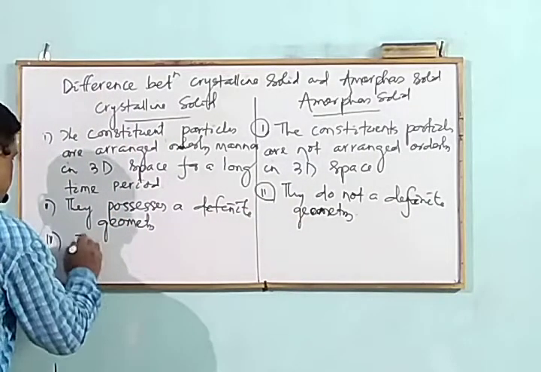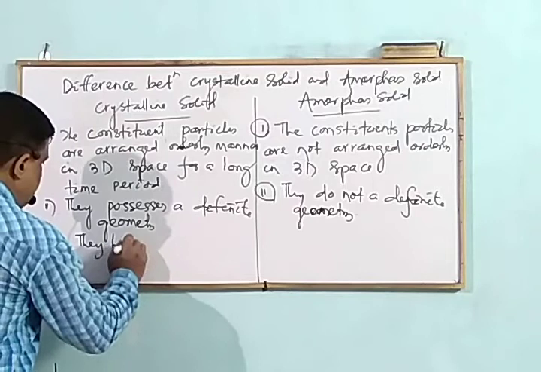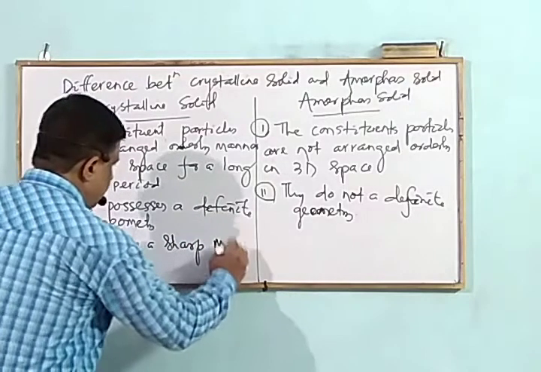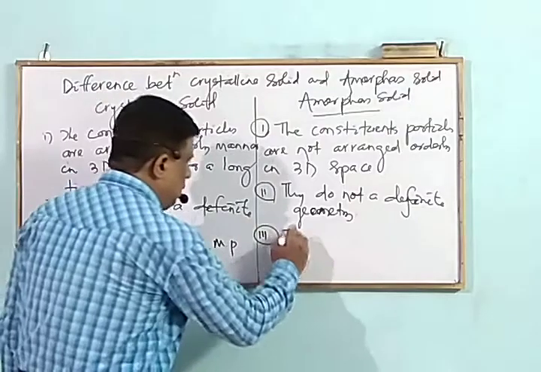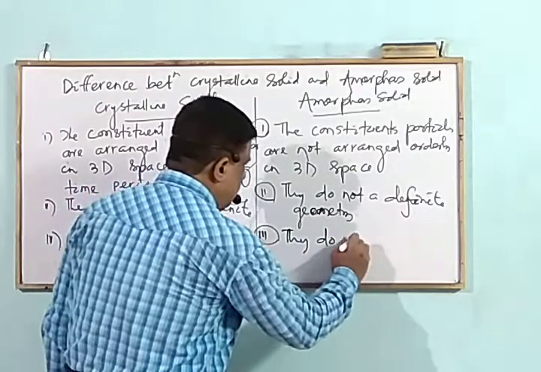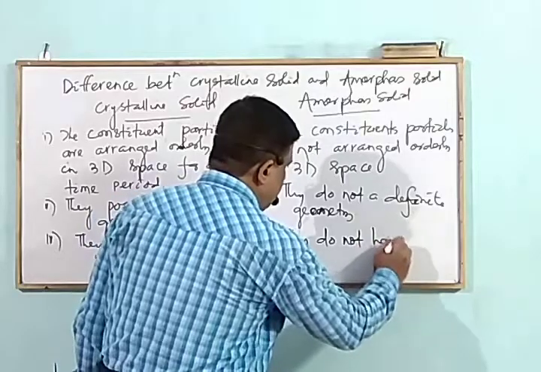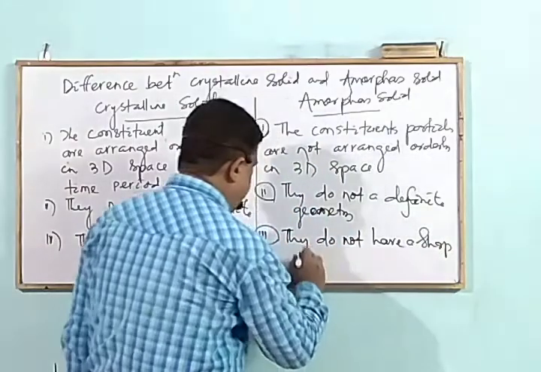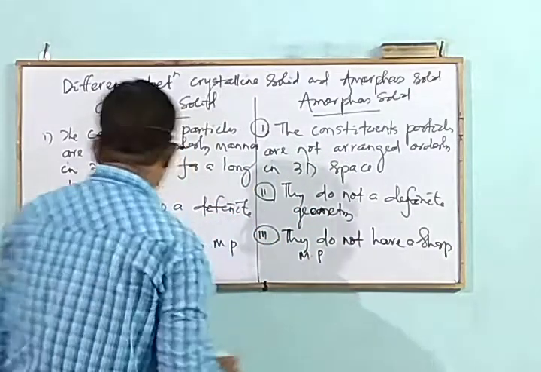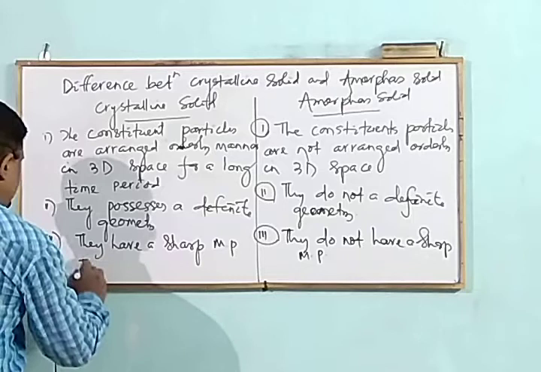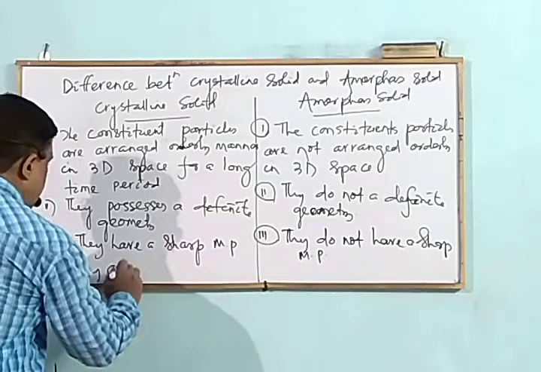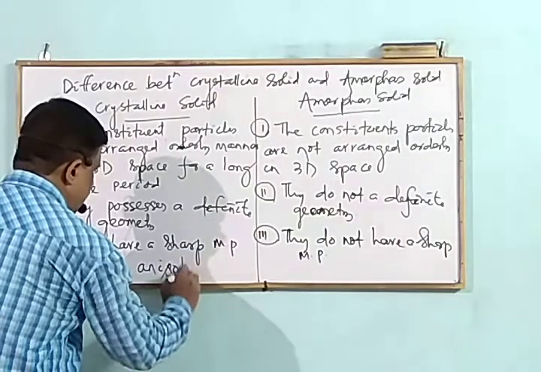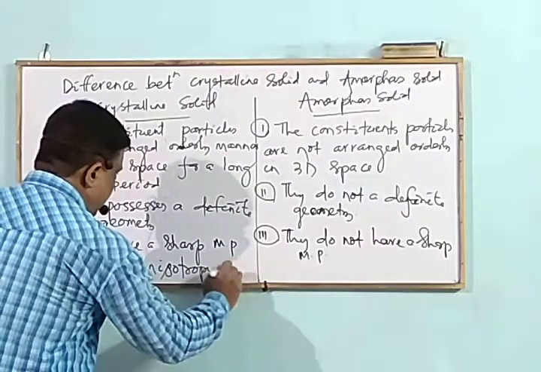Next, they have a sharp melting point. Next, they do not have a sharp melting point. Next, the most important, they are anisotropic in nature.